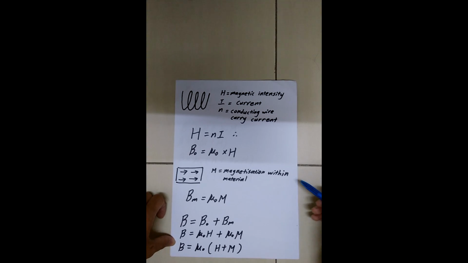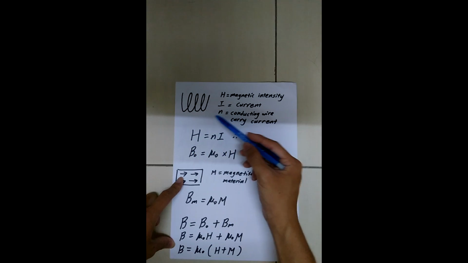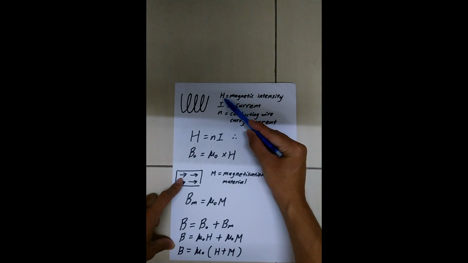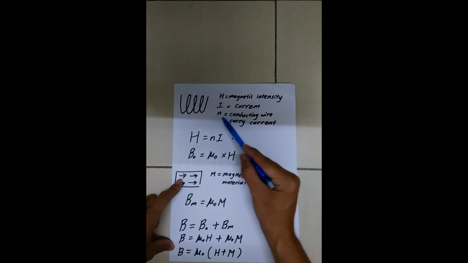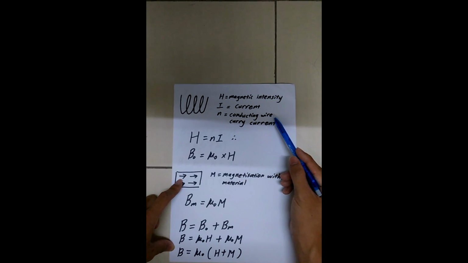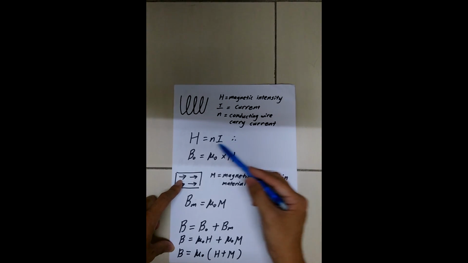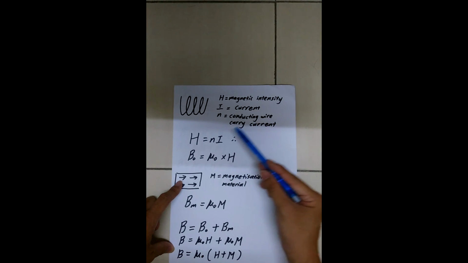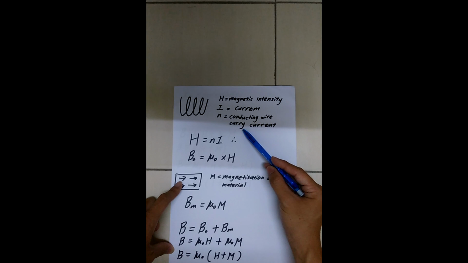Now I would like to introduce the formula of the magnetic field. First of all, these diagrams represent the wire. The symbol H represents magnetic intensity, I represents current, and N represents the number of turns of conducting wire carrying current per unit length. So the magnetic intensity is the product of the current and the number of turns the conducting wire carries.